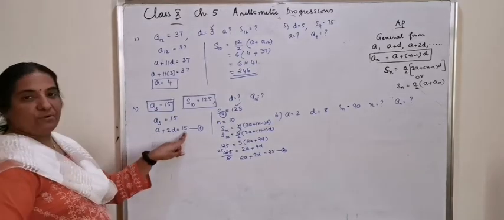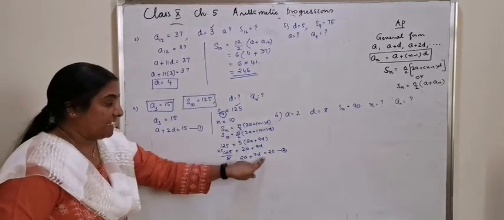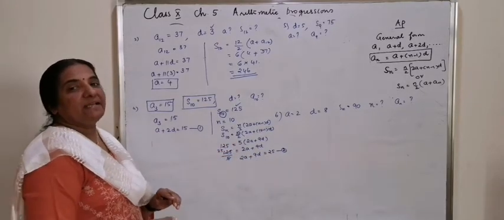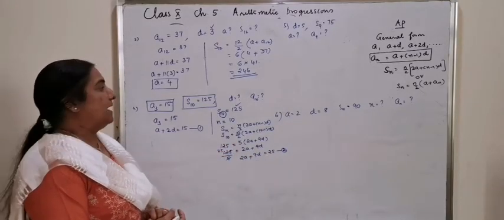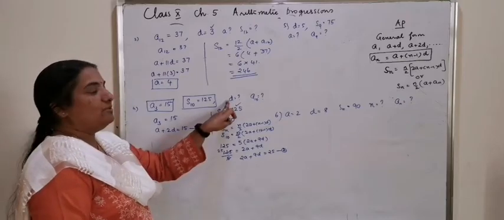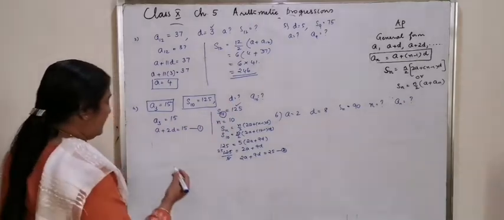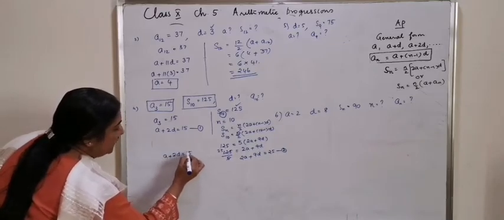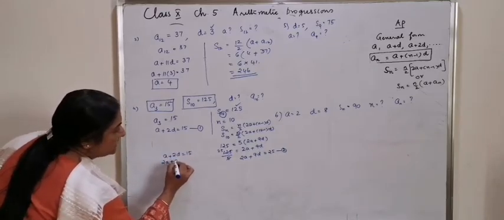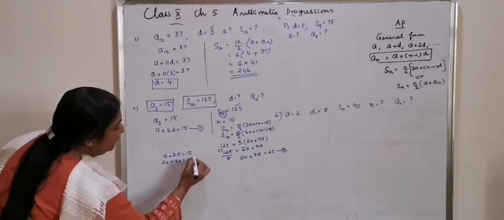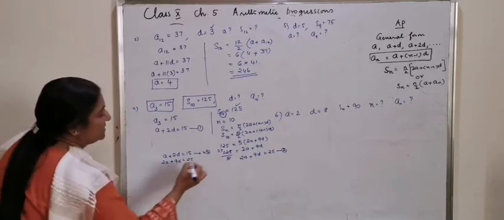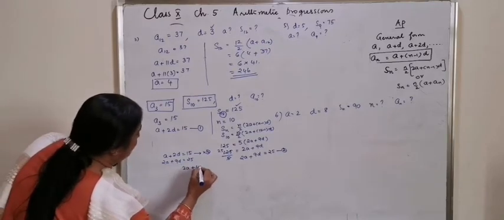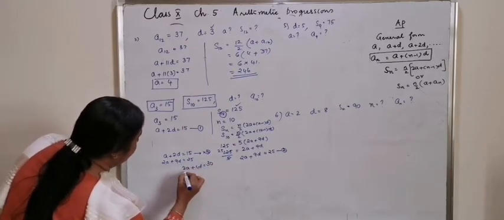See, you got two equations: A plus 2D is equal to 15, and 2A plus 9D is equal to 25. You can solve them like linear equations so that you will get the value of A and D. Multiplying the first equation with 2, it is 2A plus 4D is equal to 30.